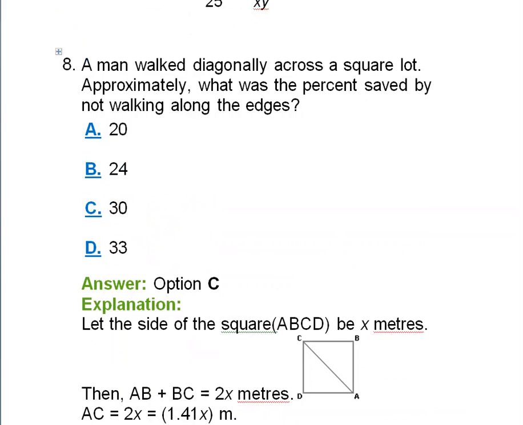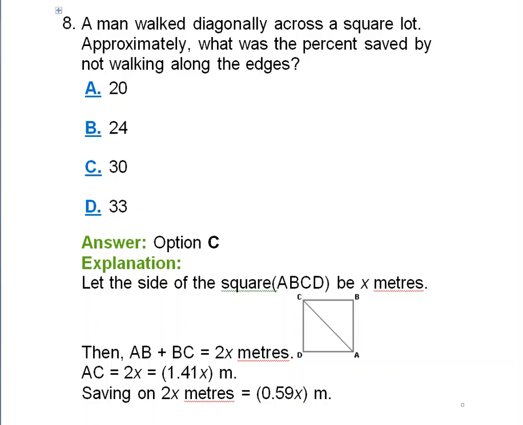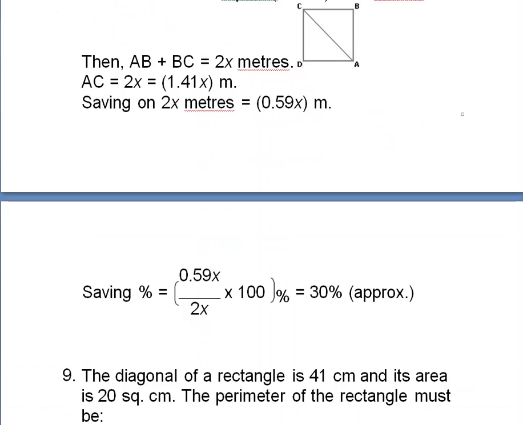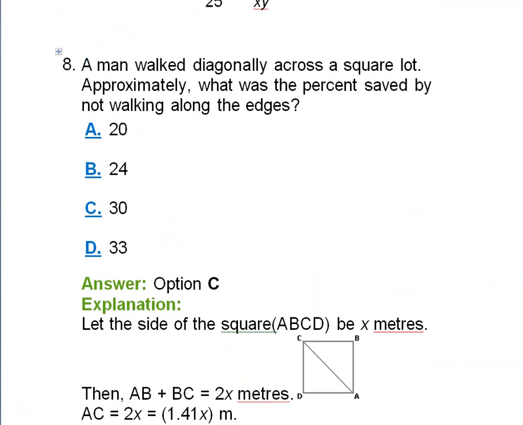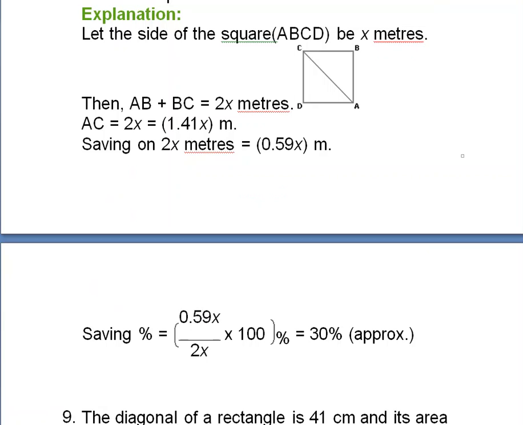So saving on 2x meters, you subtract 1.41x from 2x and you get 0.59x meter. Now you can easily calculate the saving percent: 0.59x meter divided by 2x into 100%, which is equal to approximately 30%.